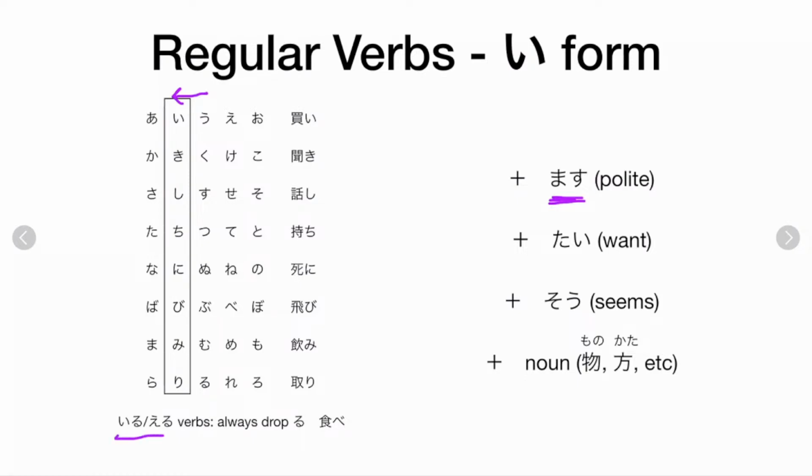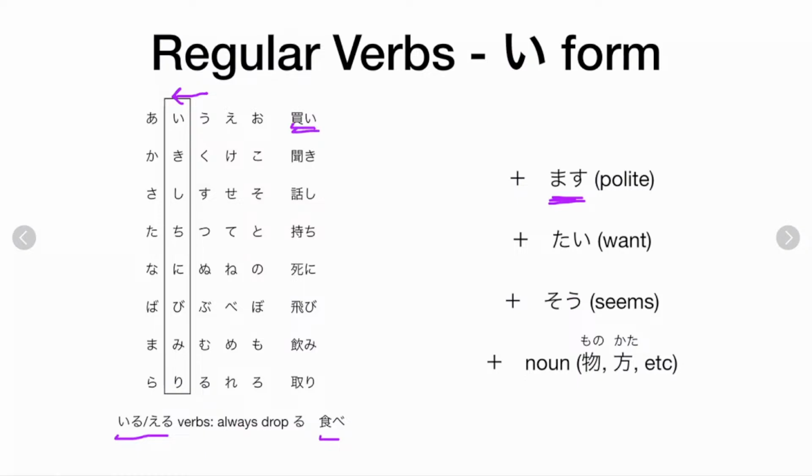If it's an irregular verb, I'm still going to say we change it to the e stem, but all stems for irregular verbs are the same. You just drop the ru. So the e stem of taberu is tabe, and then you add mas, tabemas. If it was a regular verb, let's say kau changed to kai, and then mas, kaimas.